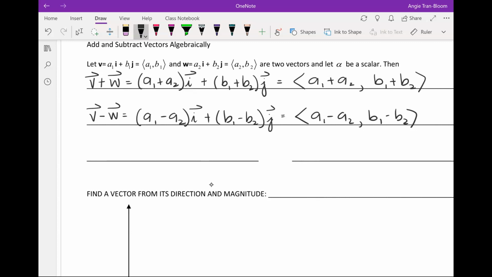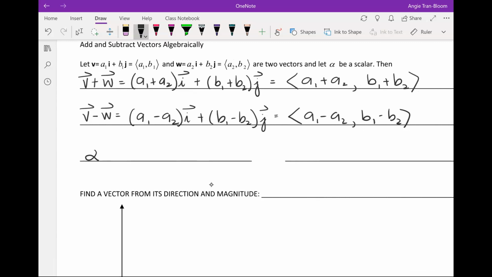And it says alpha is a scalar, so when you multiply alpha to one of the vectors, all you do is take alpha times the component a subscript 1 in the i direction plus alpha times the component b subscript 1 in the j direction.